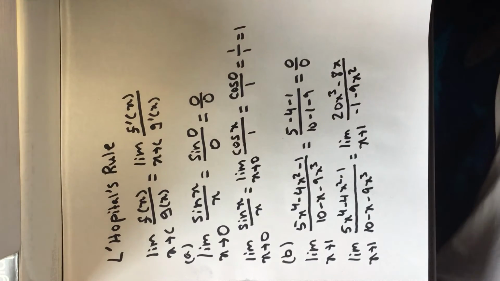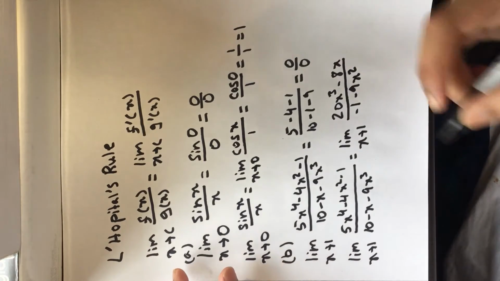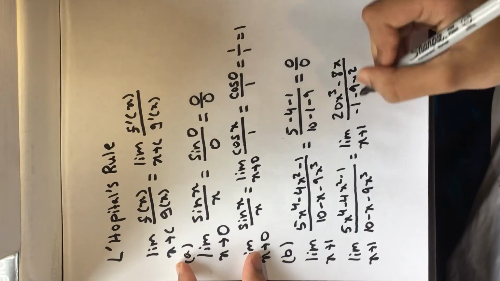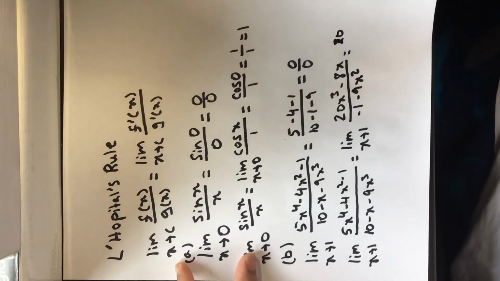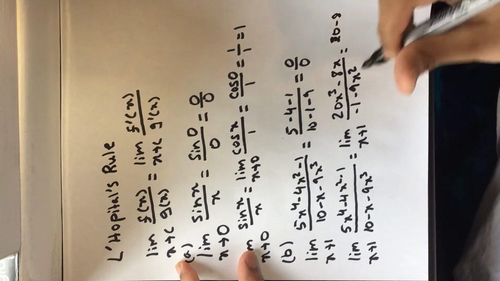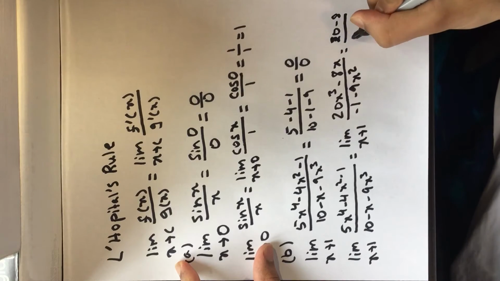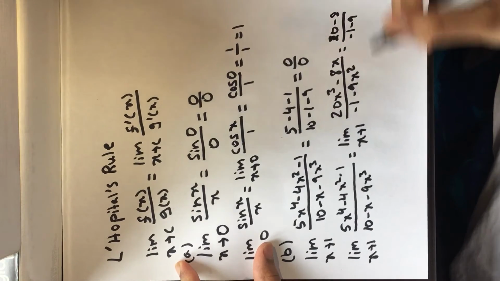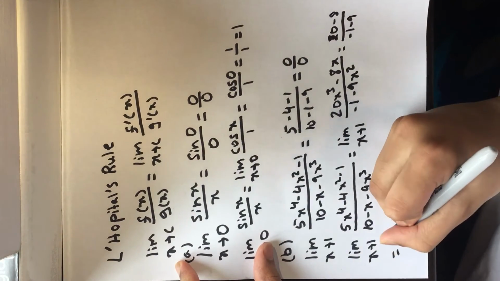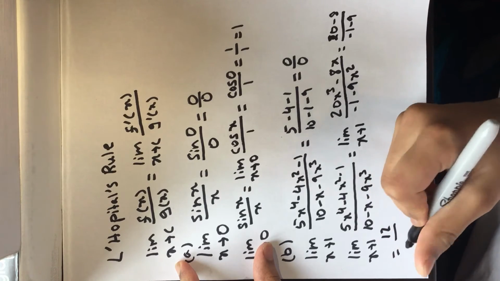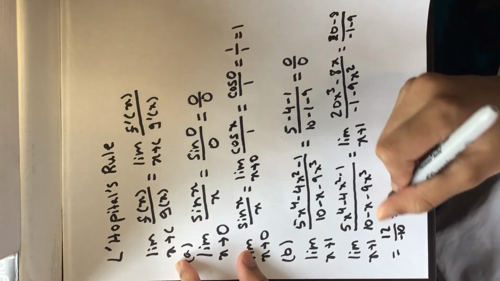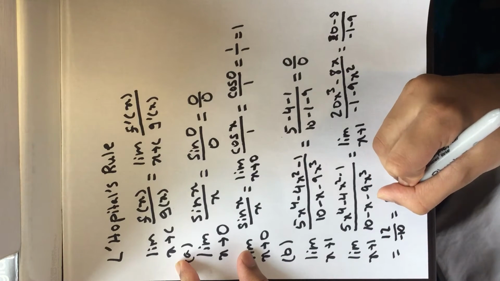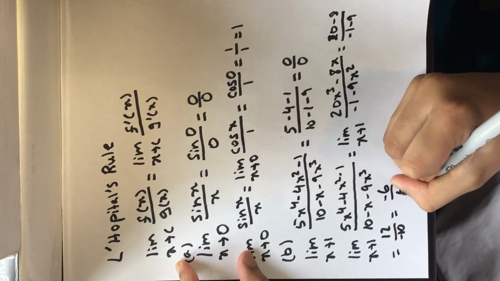Now we can try direct substitution and see if it works. If we substituted, we get 20 minus 8 over negative 1 minus 9, which equals 12 over negative 10. So we have found the limit is actually negative 6 over 5.